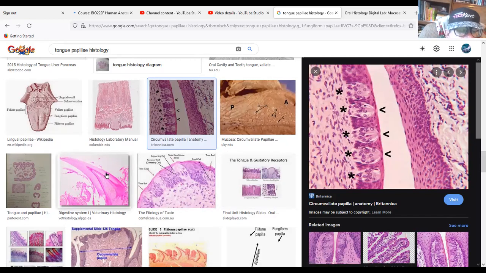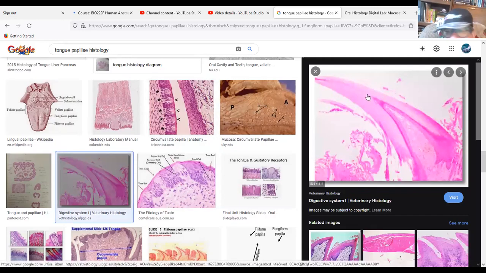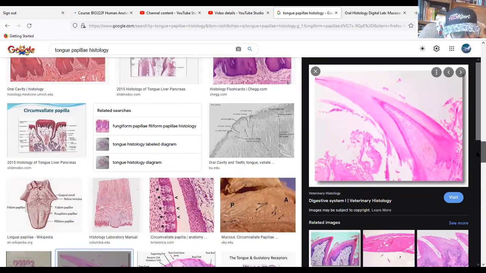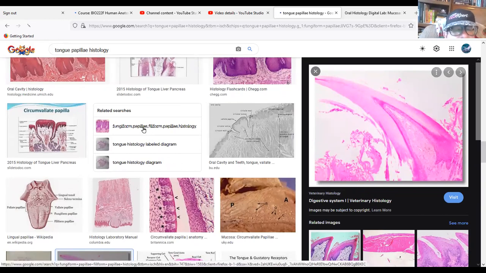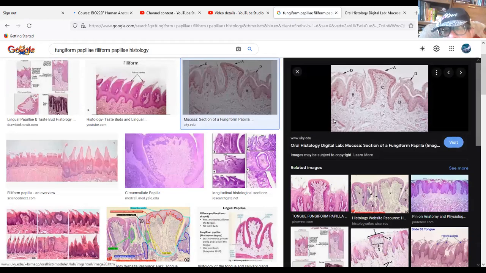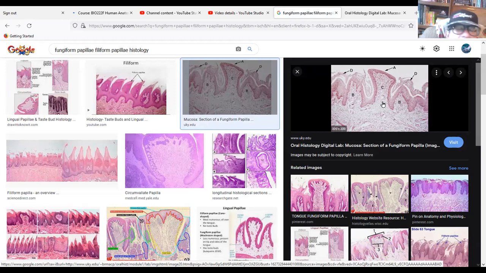So filiform, let's go up to fungiform. That'll work. So fungiform means in the form of the fungus. This one is a good fungiform. You can see it's wider at the top, narrower at the bottom, kind of like a mushroom with the cap.